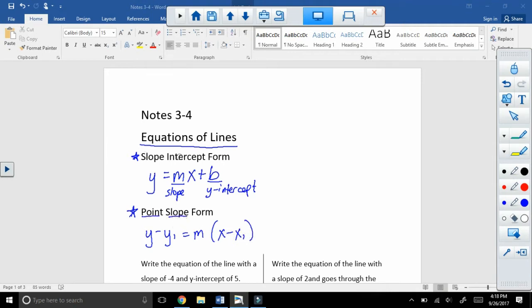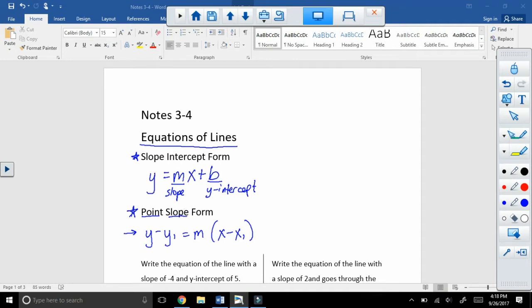I will always use slope-intercept form when you're given the slope and the y-intercept, but most of the time you're given a point and a slope, and I prefer to plug things in here. You could also plug them into slope-intercept form and solve for b and then rewrite the equation. So if you're used to that and you would like to do things that way, that would be fine, as long as you're able to write the equation of the line.